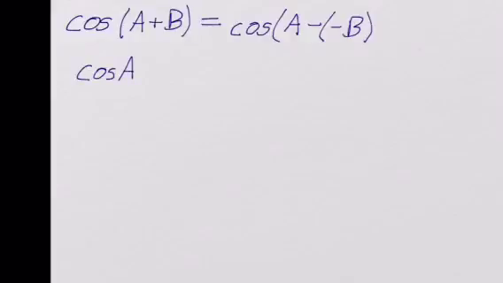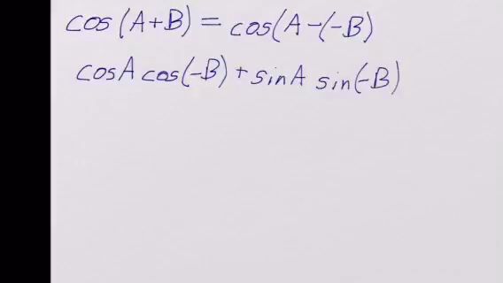Cosine a, cosine of negative b, plus sine a, sine negative b. And now we can use those negative angle identities we looked at in the last section.